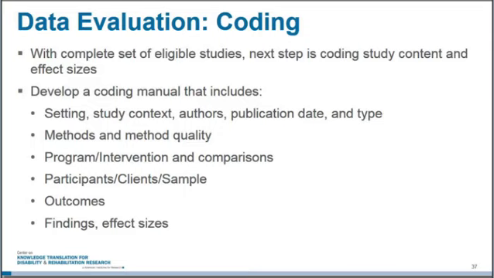If you're interested in an intervention, you would be coding things like components of the intervention and what was happening in the comparison or control group, coding things about the participants or the sample, the outcomes, and then the effect sizes.